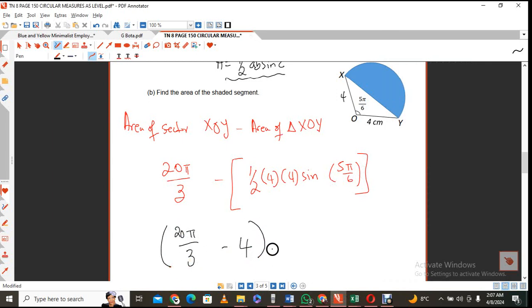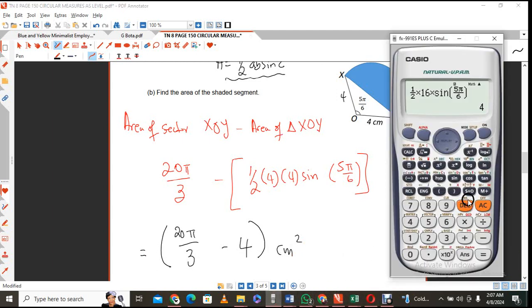Whatever that answer is, that is going to be the area of the shaded part. And then you can go ahead and give your answer. So I will be saying 20 pi over 3 minus 4.